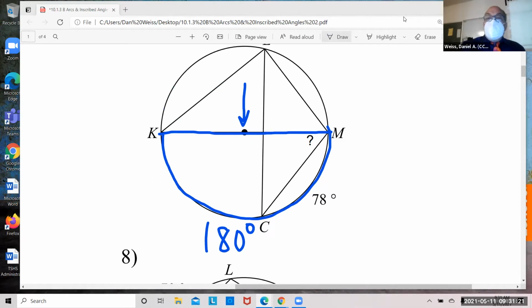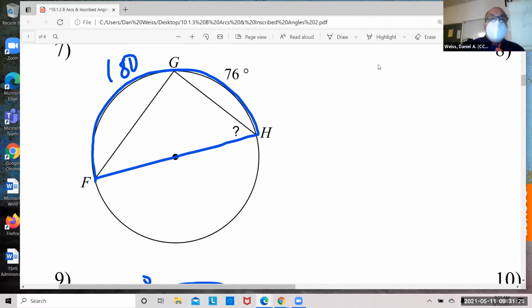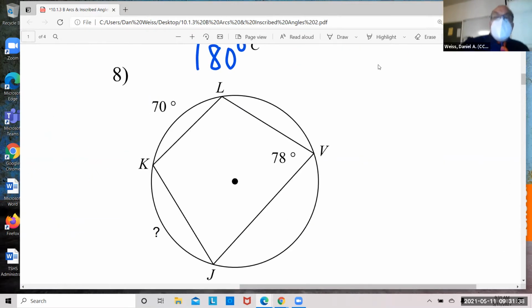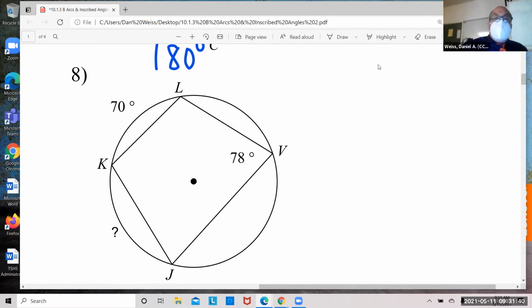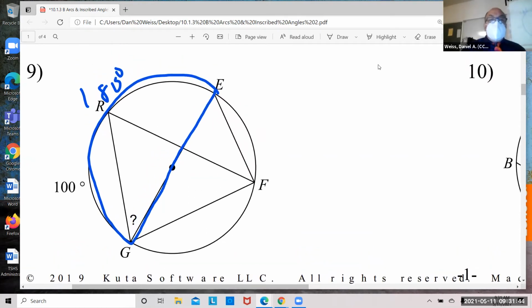All right. Do you understand that this is 180 degrees? That entire blue arc is 180 degrees, right? Okay. And this blue arc is 180 degrees, right?